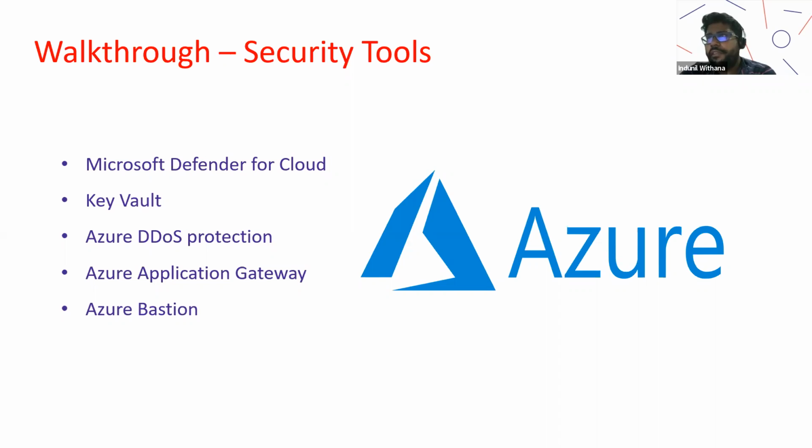I think most of y'all are familiar with Microsoft Defender, which is available on your local PC if you have installed a Microsoft operating system. And also Key Vault, and then Azure DDoS Protection, and Azure Application Gateway, and finally Azure Bastion. And I believe there was a question regarding Azure Bastion in the second session I did, so I have created a demo on that as well.